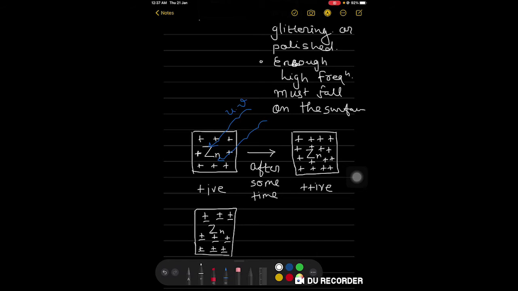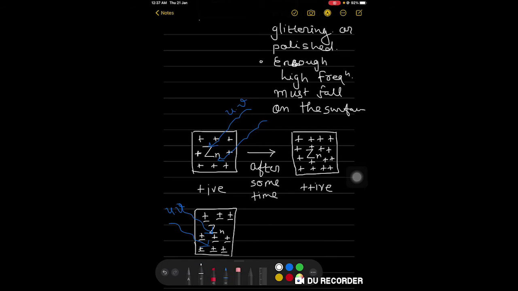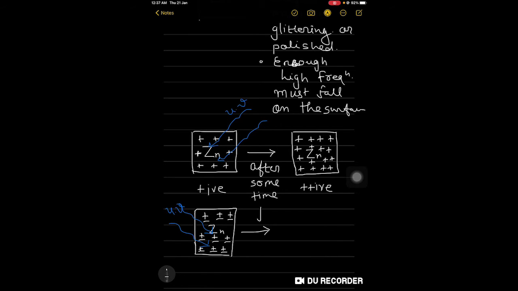Then again he incident UV light on it. When UV light was incident again and he observed the plate after some time, the result was interesting.